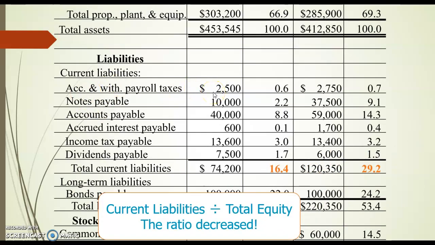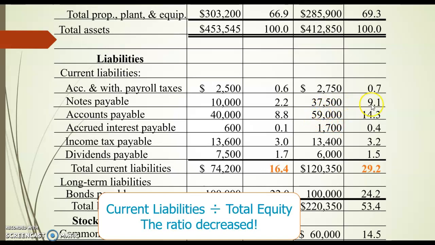With our liabilities, we're still dividing every number by this total asset number for that year. Okay. And so we can see for notes payable, 9.1% of our total liabilities and owner's equity, which is the same as our total assets. 9.1% was notes payable, and now it's down to 2.2% because we paid off a lot of these notes.